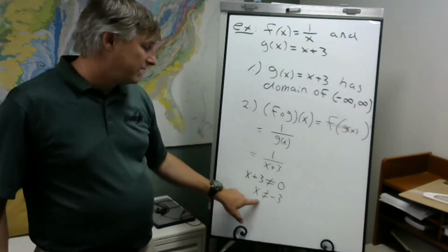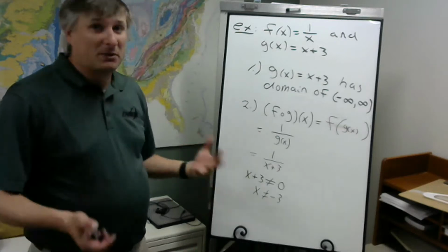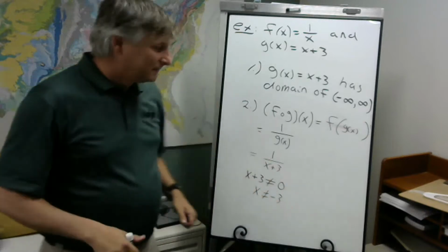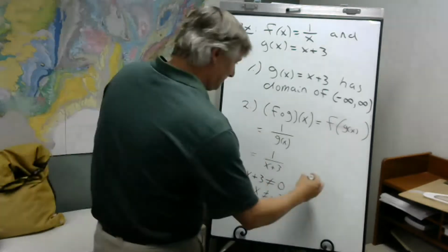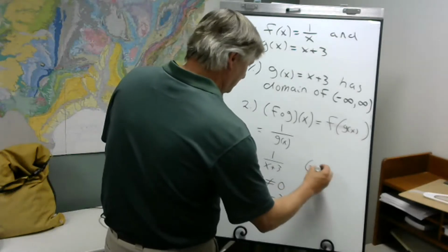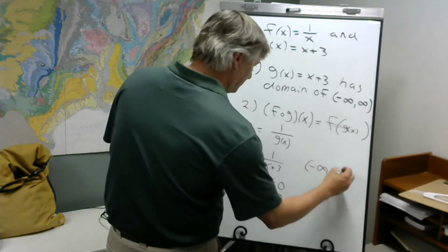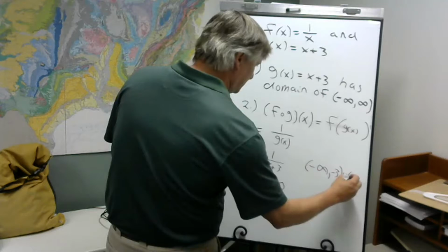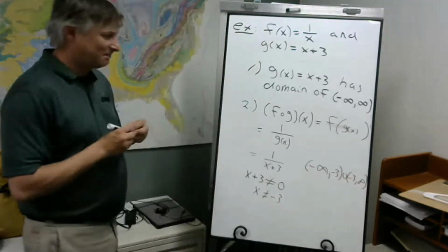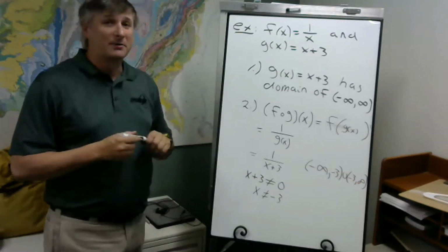We've got to avoid that, x cannot equal -3. In fact, absolutely avoid it. So our domain is negative infinity to -3, union -3 to infinity. And that's going to be the domain for our composition.